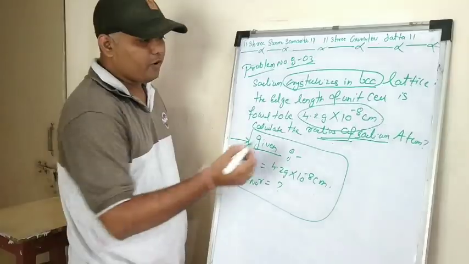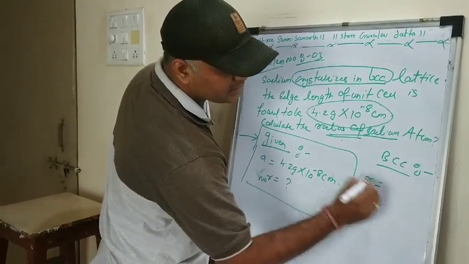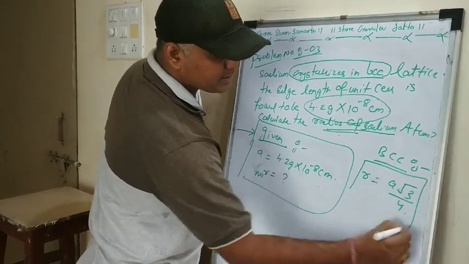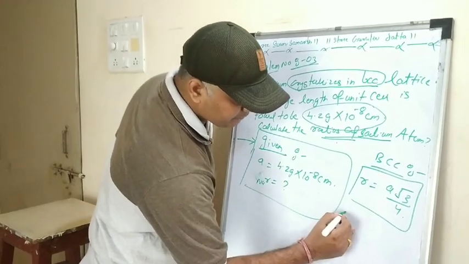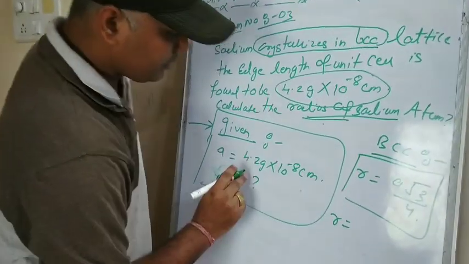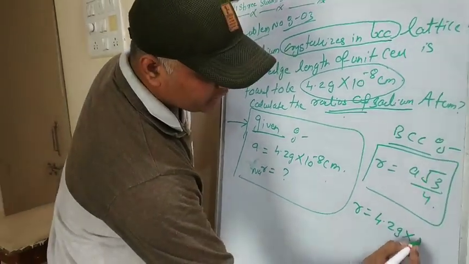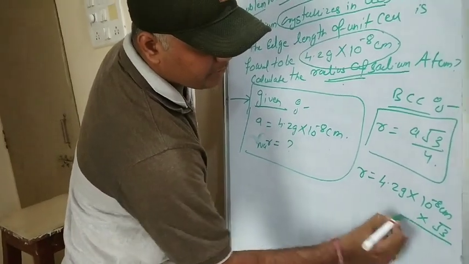Now let's put the formula. What is the formula for BCC? For radius, r is equal to a root 3 by 4. Yesterday we had seen this calculation, and in the earlier period also we had seen this, right? So let's put the value. r is equal to 4.29 into 10 raised to minus 8 centimeter into root 3 by 4.